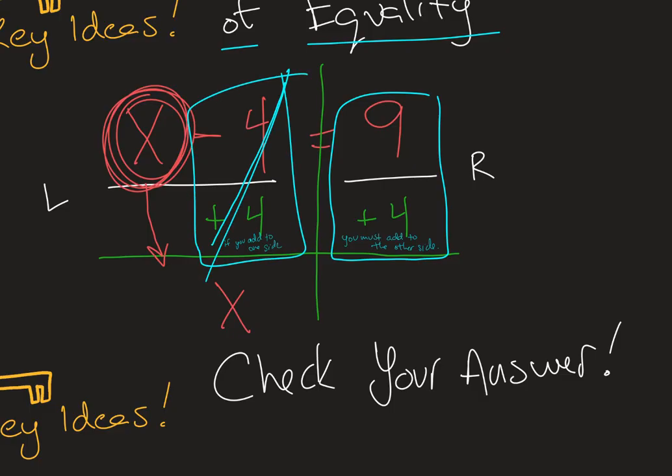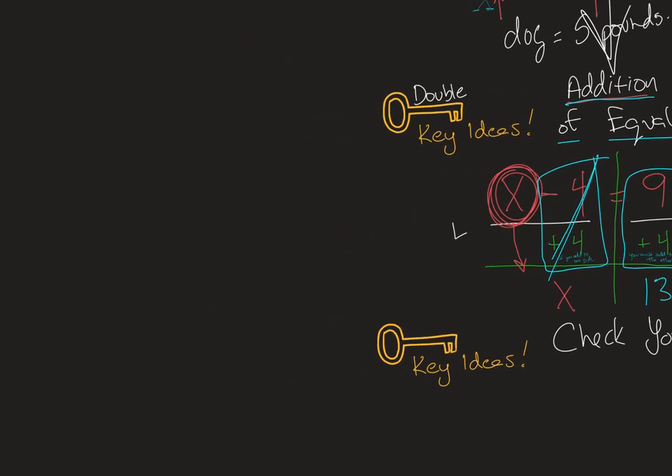But 9 plus 4 equals 13. And so here was the situation. We had some box, and we knew that if we took 4 away from it, we were going to have 9 left over. So how many had to have been in that box? 13. Okay?